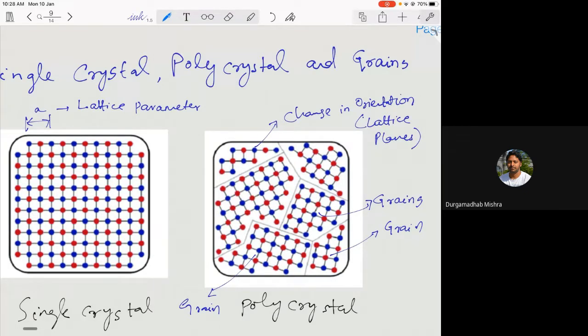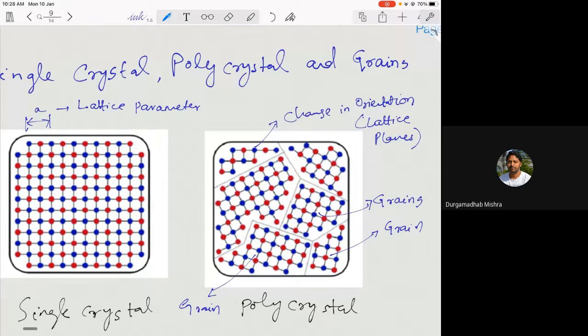However, the lattice parameter is not different. Lattice parameter in all the cases will remain the same. These small regions again have a regular arrangement of atoms, but not like a single crystal where it extends throughout the material.